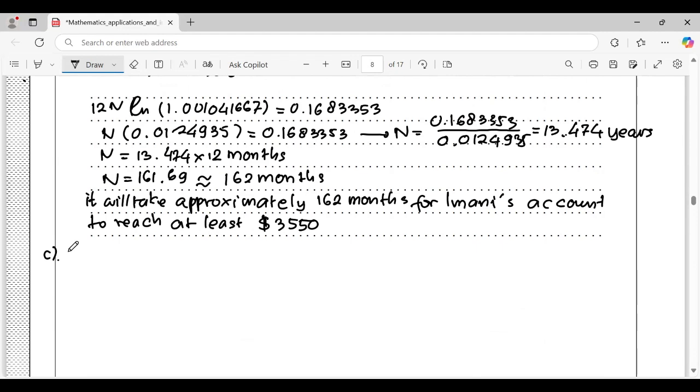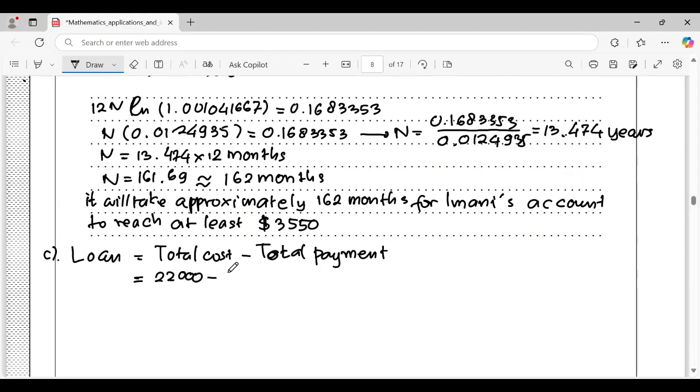The amount of the loan equals total cost minus total payment. So 22,000 minus 3,550.